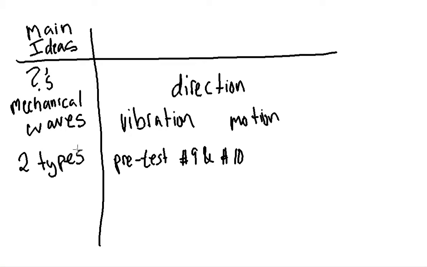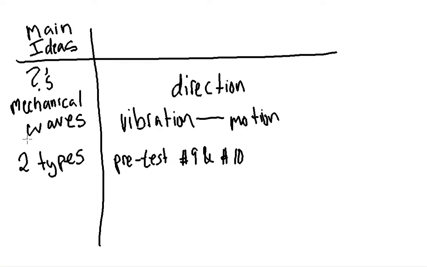And what I'm expecting you to distinguish between them is how their direction of vibration and motion makes them different. For one of them, you can say something about these two, and for the other one, it's not a true statement, like the opposite is true. So check out pretests, numbers 9 and 10.